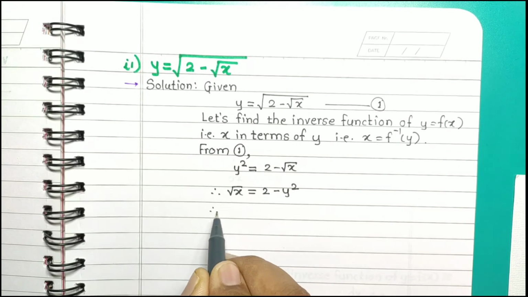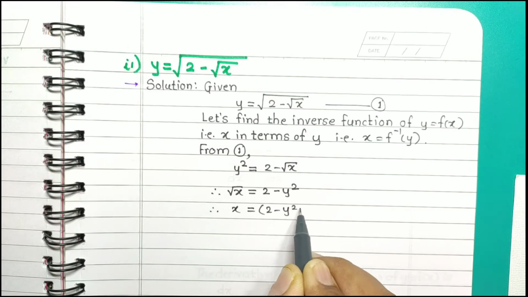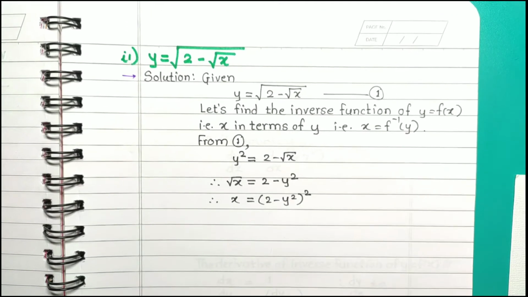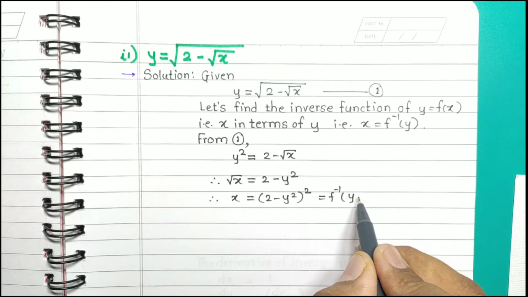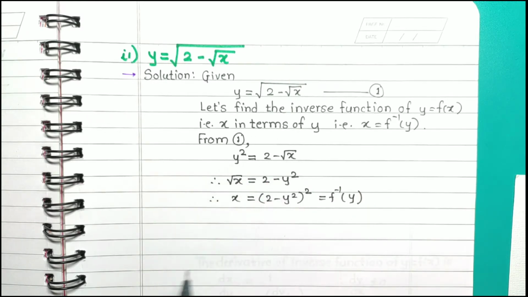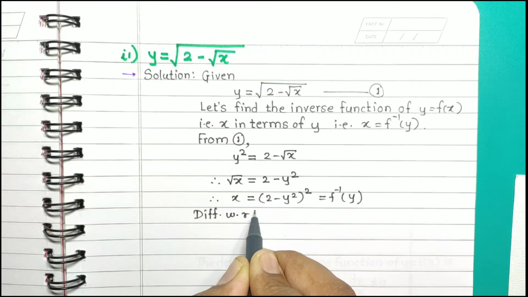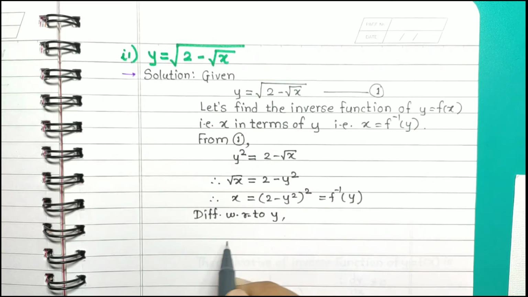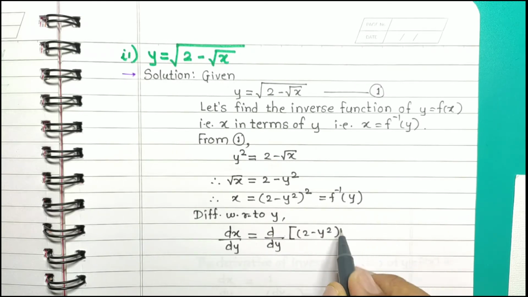Again, squaring on both sides, we have x is equal to 2 minus y square, whole square. So this is nothing but f inverse of y, the inverse function of y. Now differentiating with respect to y, we get dx by dy is equal to d by dy of 2 minus y square, whole square.